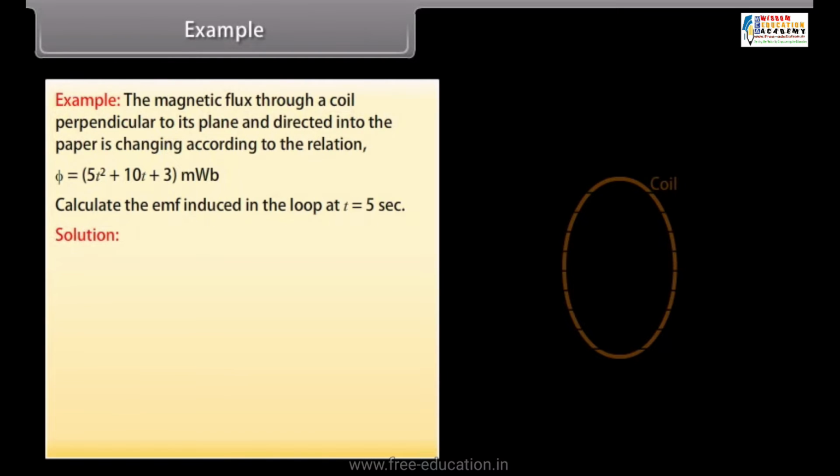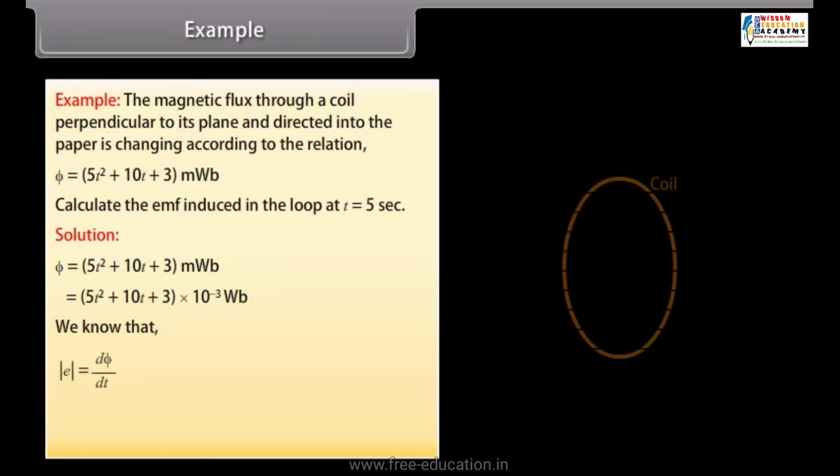Let's see the solution. Given Φ = 5t² + 10t + 3 milliweber, it can be written as Φ = (5t² + 10t + 3) × 10⁻³ weber. We know that E = dΦ/dt.